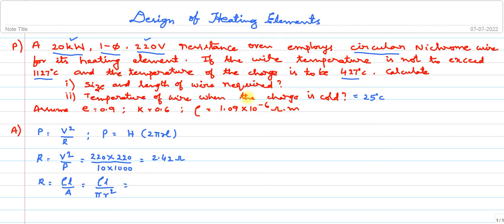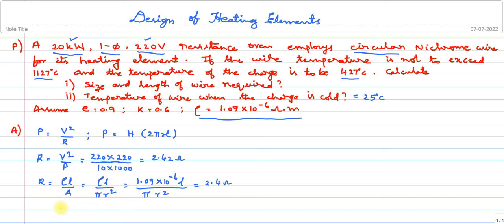Rho is given here: 1.09 into 10 to the power of minus 6 into L divided by pi into r square, which is equal to R. The R value is 2.42 ohm.